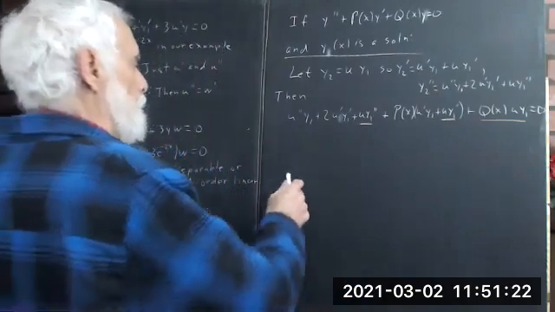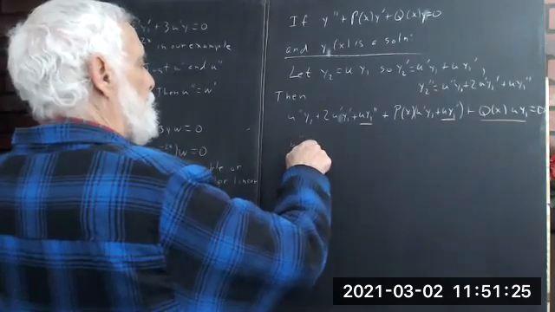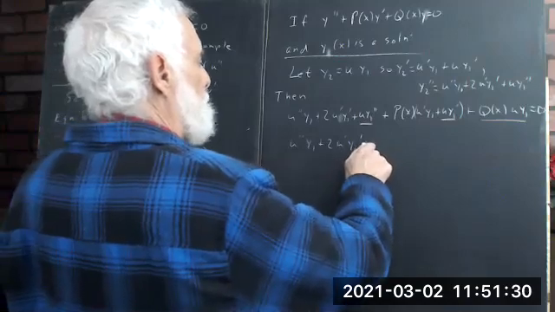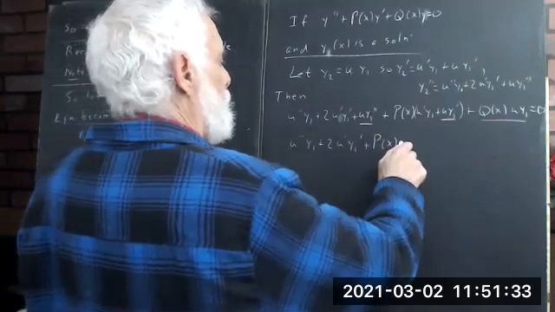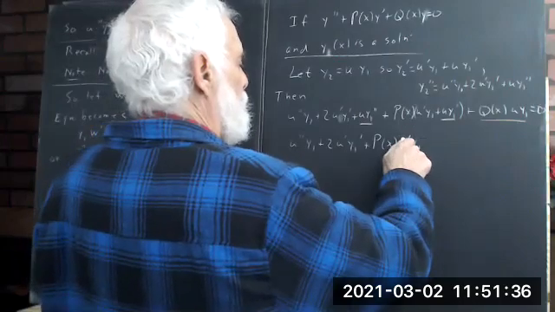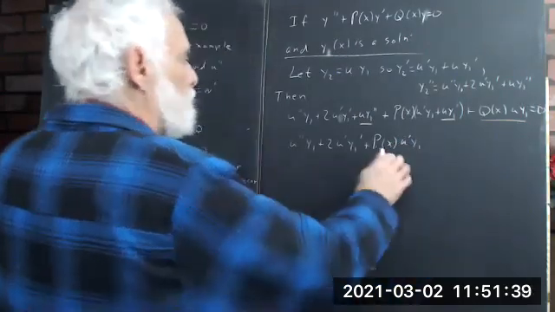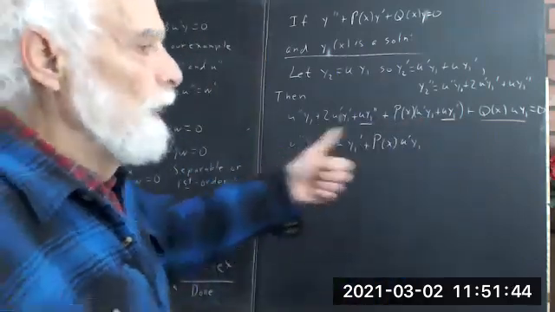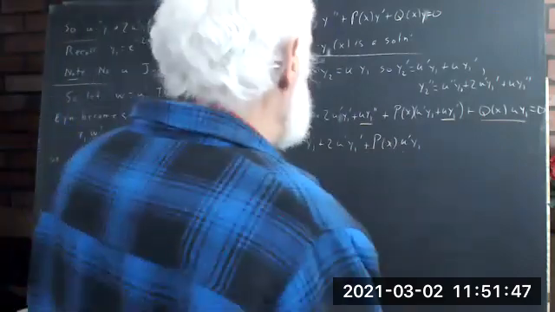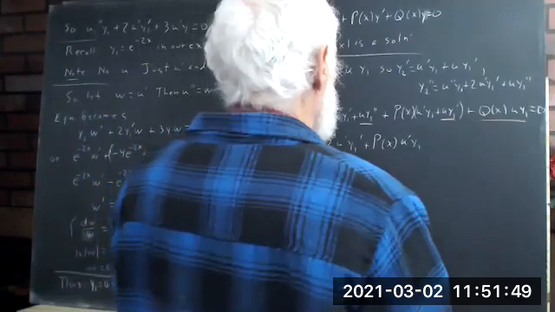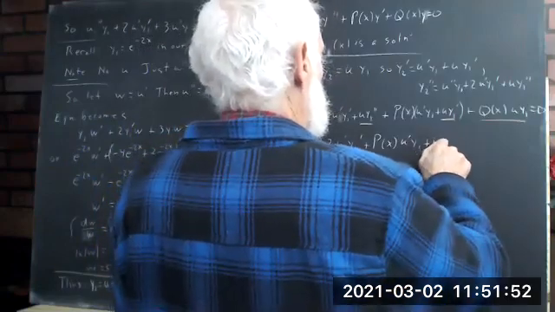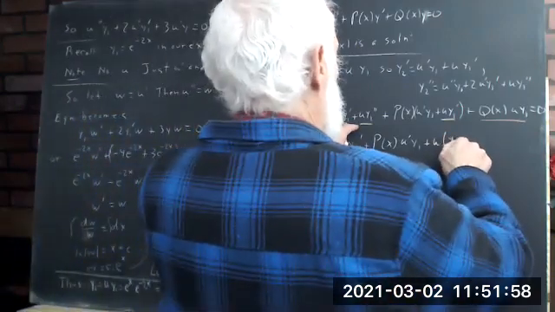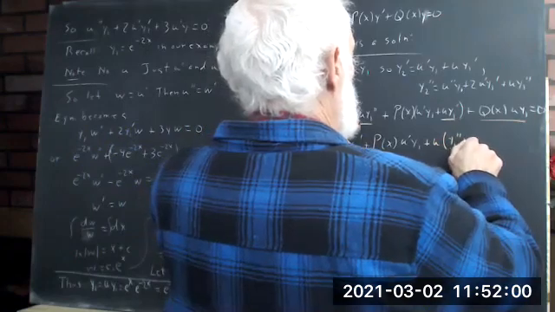So what we end up with is these three terms, plus a bunch of stuff that's going to be 0, and that's u times y1 double prime.